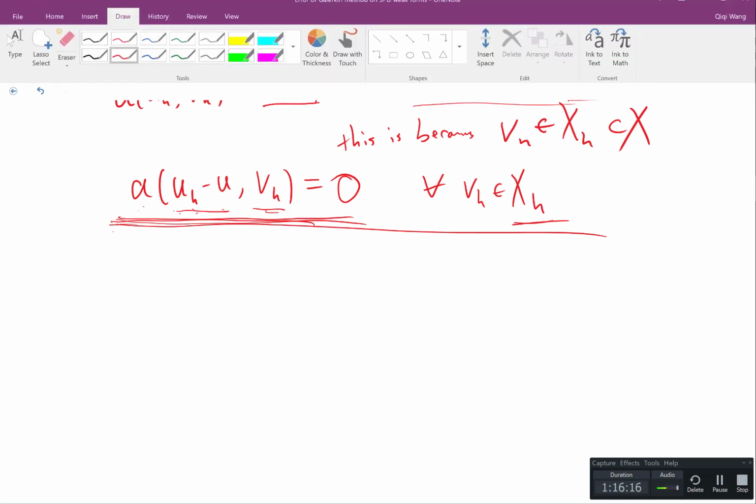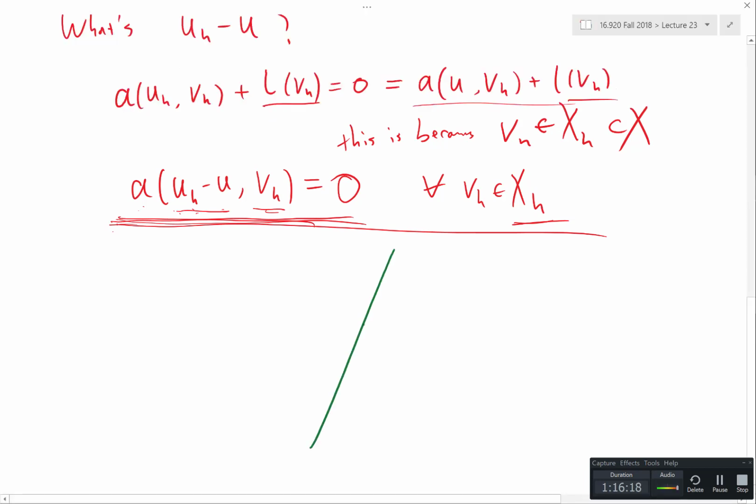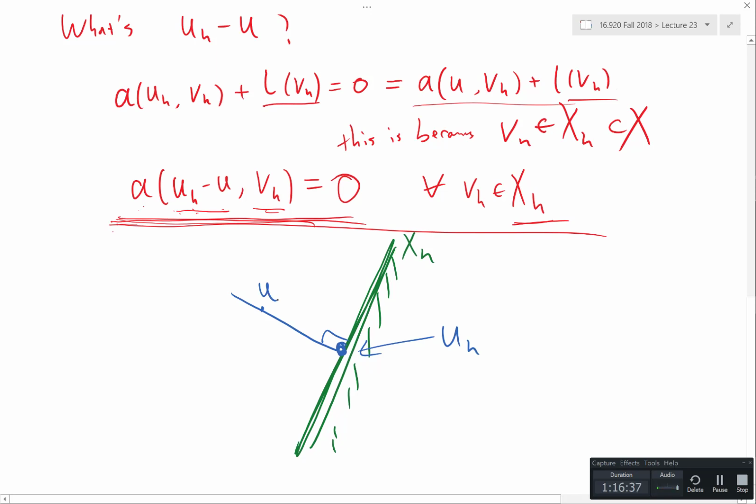So basically, let me draw this. So let's say this is like a blackboard. The surface of the blackboard is XH, and if I have solved for a finite element solution, let's say UH, then I draw an orthogonal line, then U has to be somewhere over here. Okay?